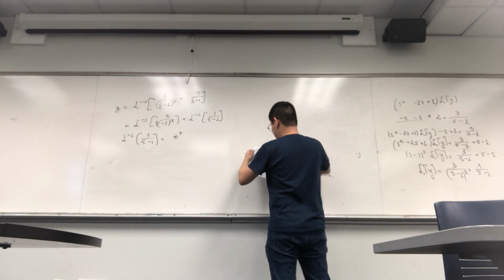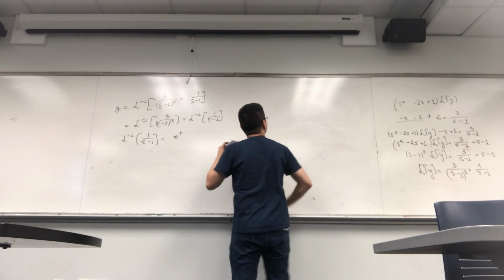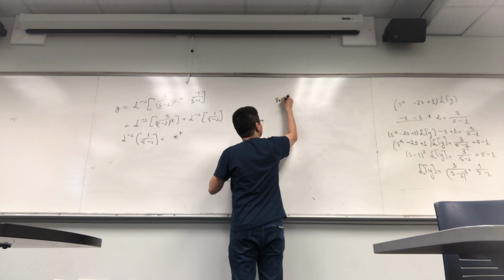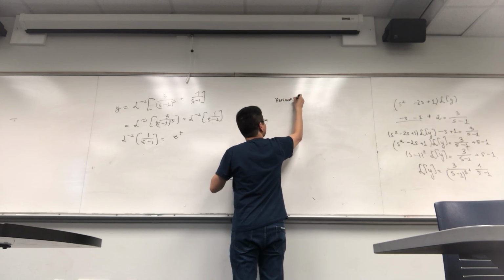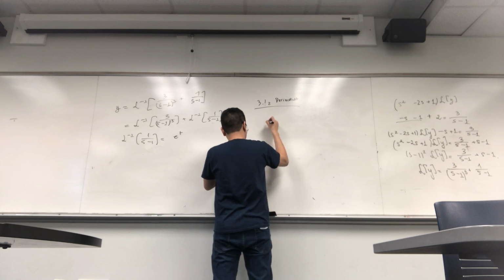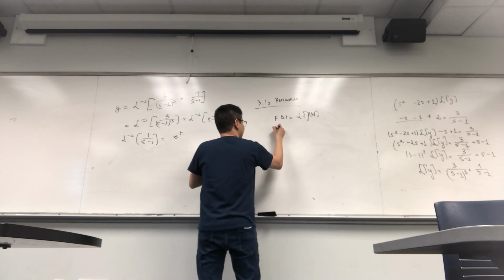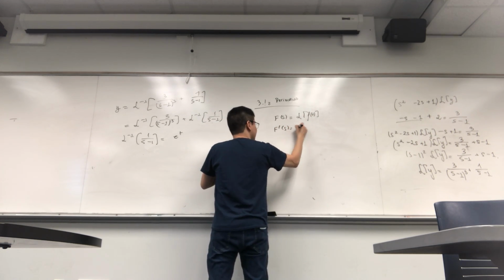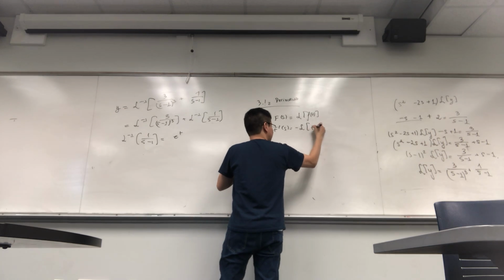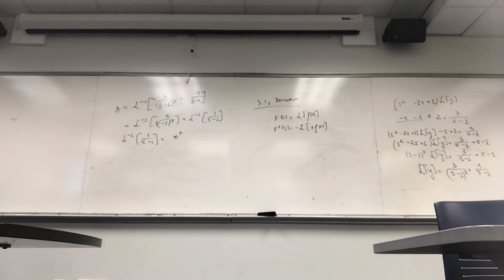This is the theorem that I have, derivative, in 3.1.2. What we have is that if F(s) is the Laplace transform of function f(t), then F prime of s will be minus the Laplace transform of t f(t). Remember this formula, right?